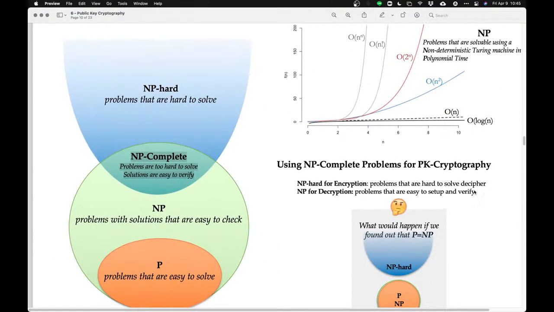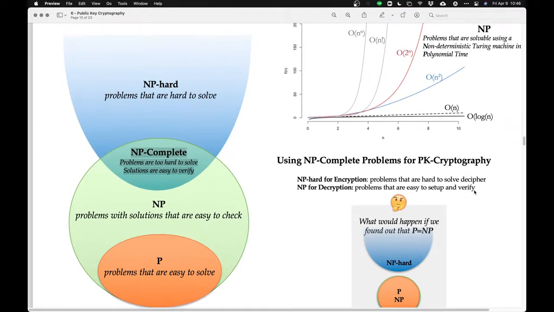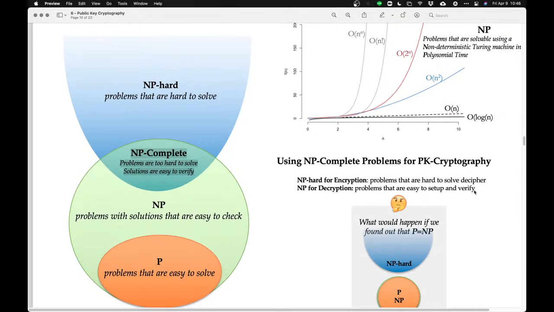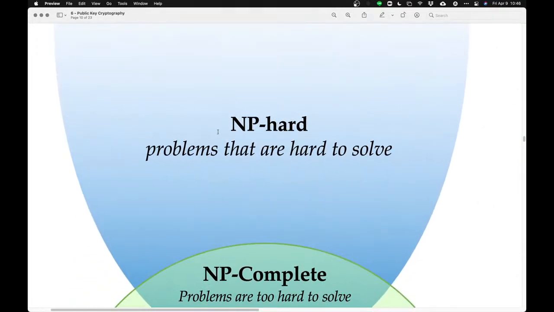So a lot of asymmetric key crypto uses mathematical problems that are NP complete. Now I have to tell you a couple of problems with what I just said. One problem is that there are some problems that were NP hard, but now with the advent of quantum computing, they may not be that hard anymore.